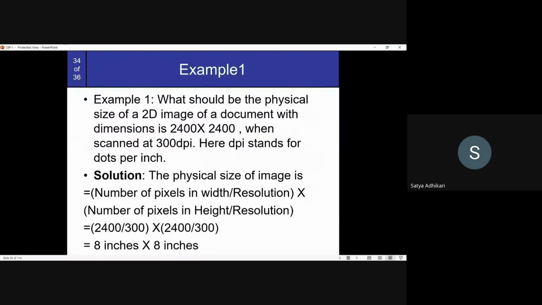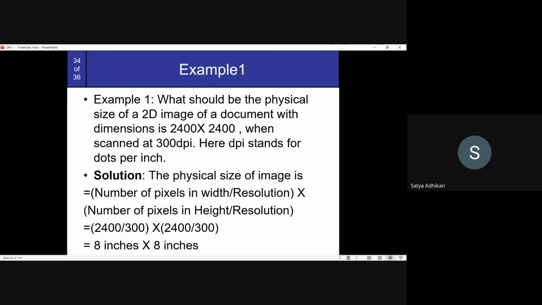Take a good example here. What should be the physical size of a 2D image of a document with dimension 2400x2400 pixels when scanned at 300 dpi? Here, dpi stands for dots per inch.